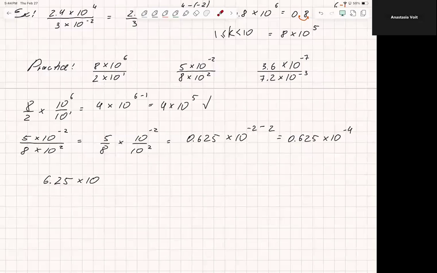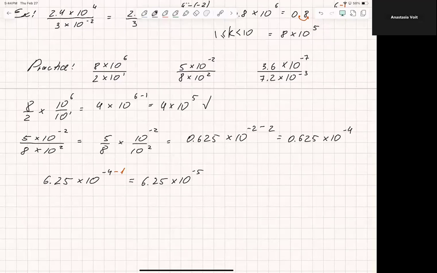And now we have negative 4 here, and as we were moving the decimal point from here to this new location to the right, we need to subtract 1 from the power. So subtract 1. And in this case, we have 6.25 times 10 to the power of negative 4 minus 1. That's going to be negative 5. And this is the final result for this example.